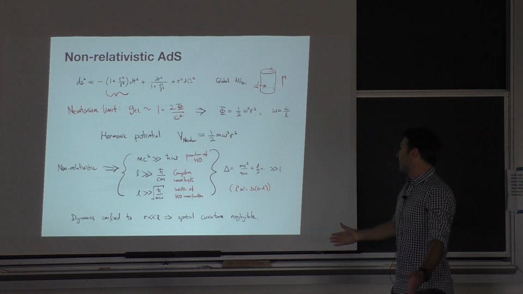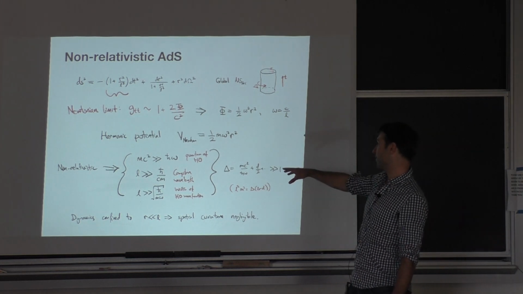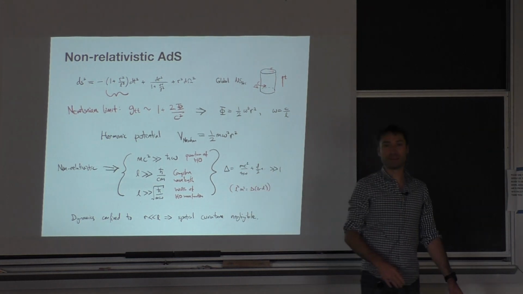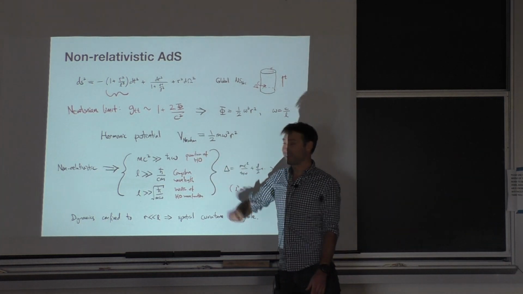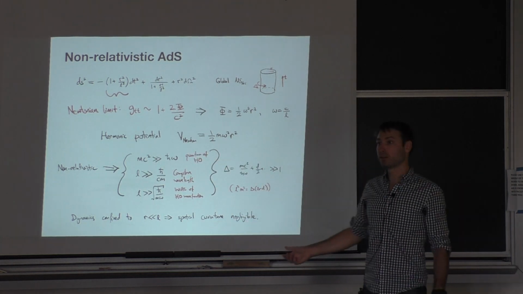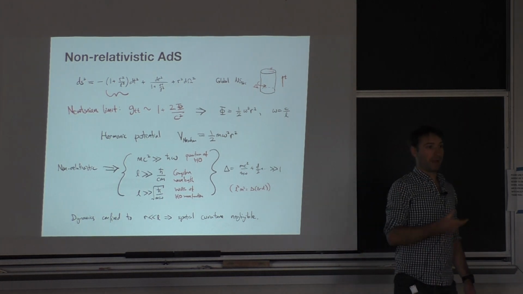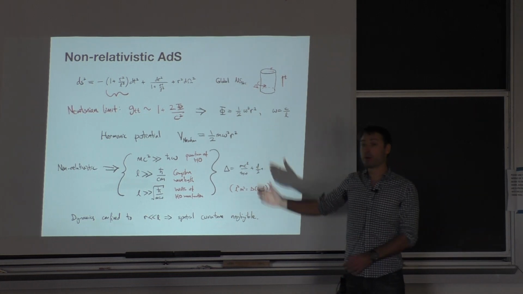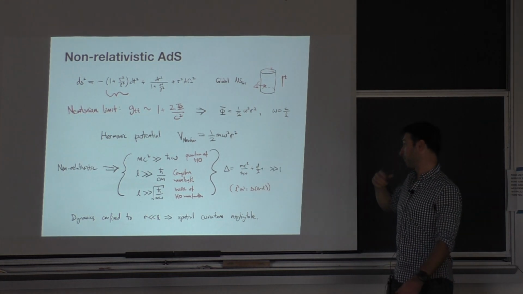And okay, when is this non-relativistic limit actually self-consistent? There are a few different ways of saying it. These things are actually all equivalent, they just give slightly different physical pictures. So the first one is saying that mc squared, the rest energy of the particle, should be bigger than the typical non-relativistic energy of the system. And that energy is h bar omega, which is this familiar quantum of energy in the harmonic oscillator.